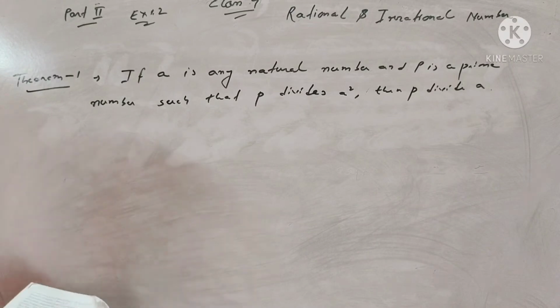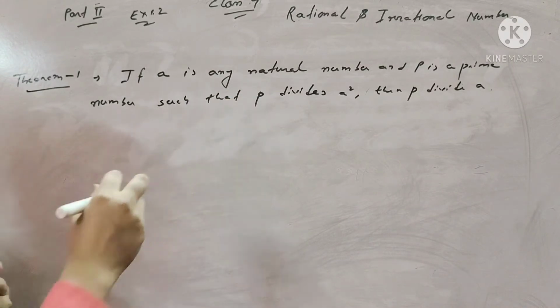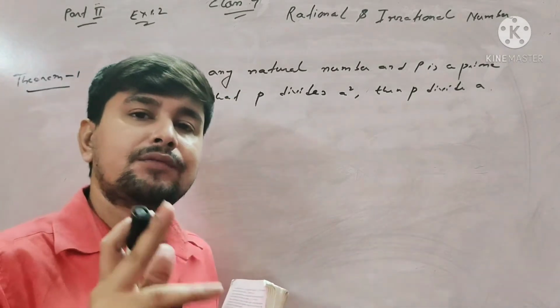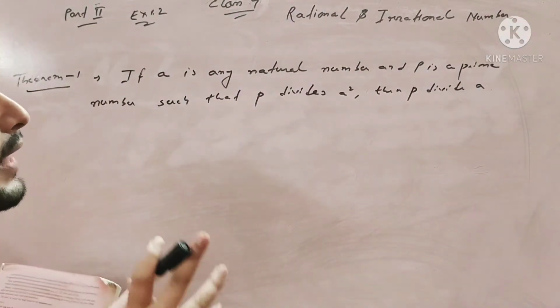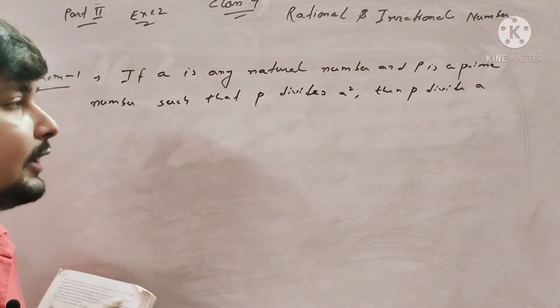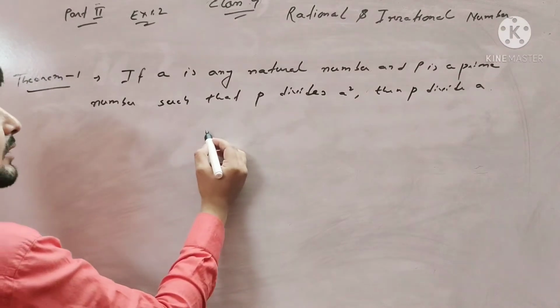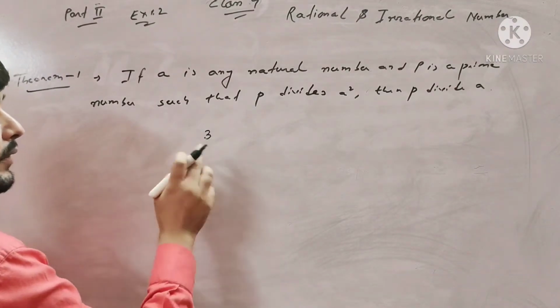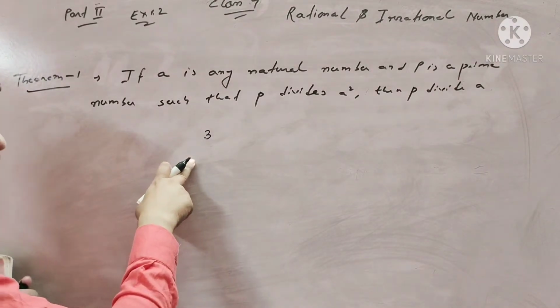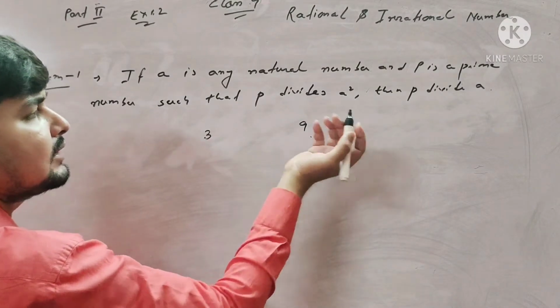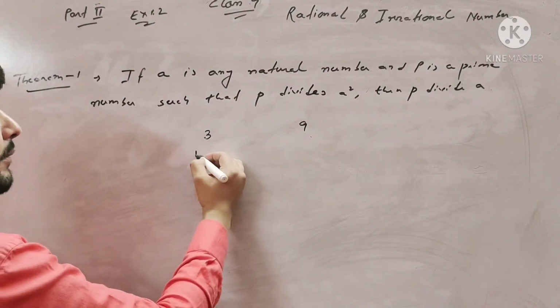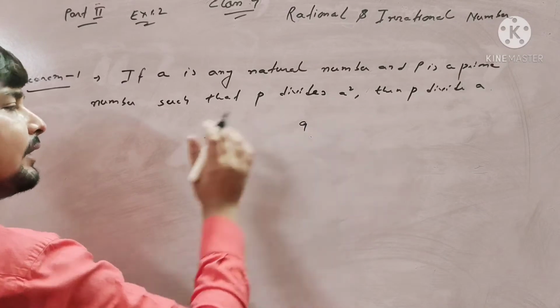First of all, understand the first theorem. If a is any natural number, we know natural numbers begin from 1, and p is a prime number. Suppose 3 is a prime number and 9 is a natural number.